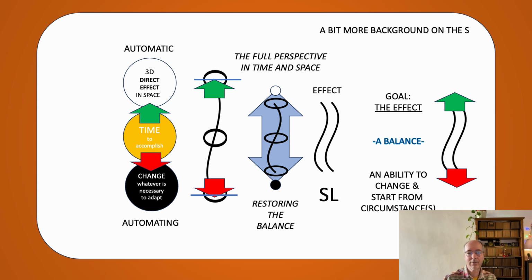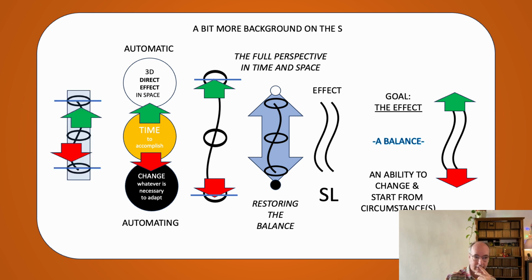It's the end of the cycle. It needs this effect. It will do this in a balanced way with an ability to change something and to start from all of its circumstances. So we'll take all these circumstances together and it will change something, and it will see that it will have its best effect. That's more or less the background of the S.